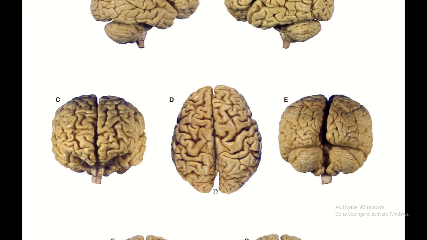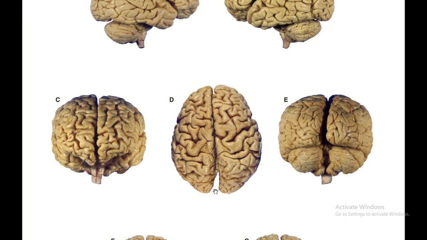If you look at your brain, there are going to be depressions and elevations. Depressions are called sulci if there are many, sulcus if it is one. Elevations are called gyri if there are many, and gyrus if there is one.